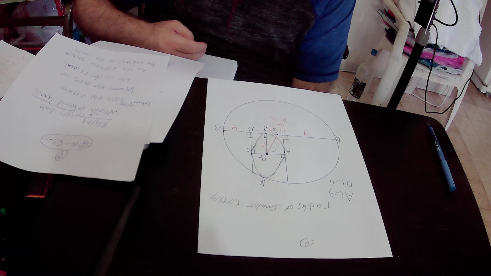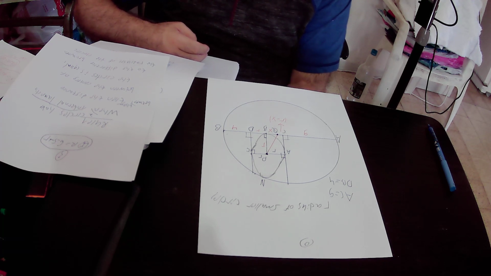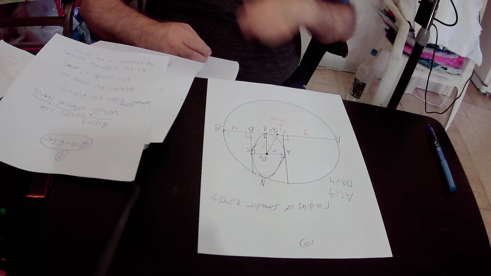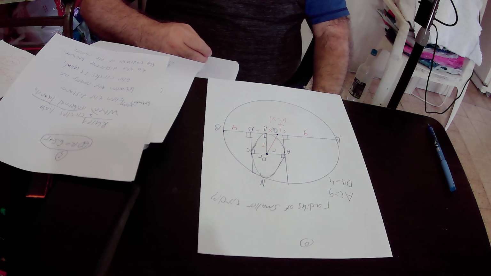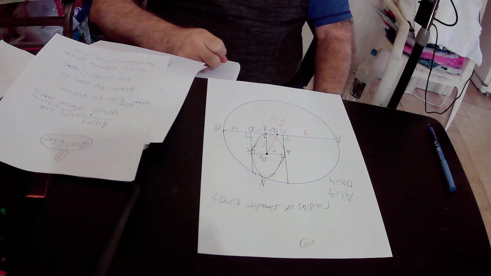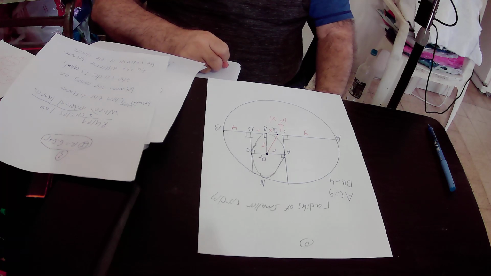According to rule number 1, the distance between the centers of the two circles is equal to the difference between the radiuses of the circles.